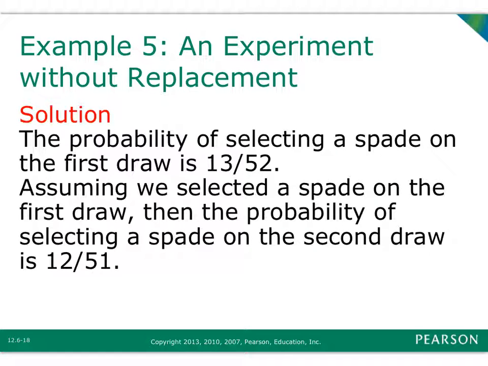The solution: the probability of selecting a spade on the first draw is 13 divided by 52. Assuming we selected a spade on the first draw, then the probability of selecting a spade on the second draw has changed to 12 divided by 51. That's what's left in the deck of cards.